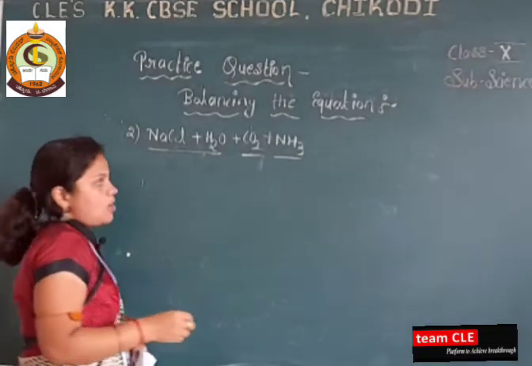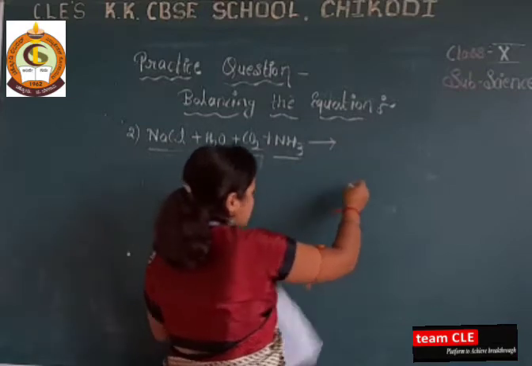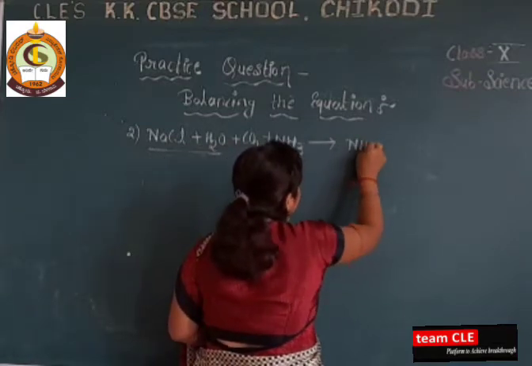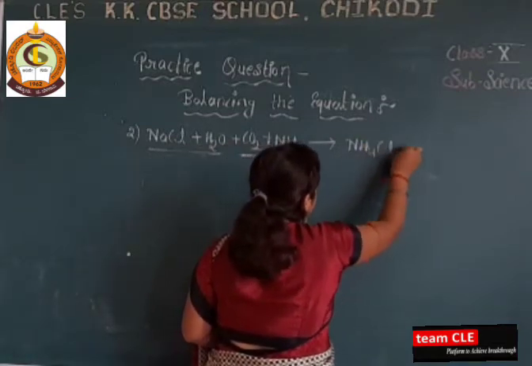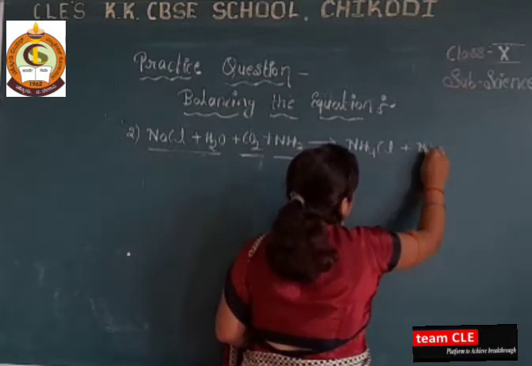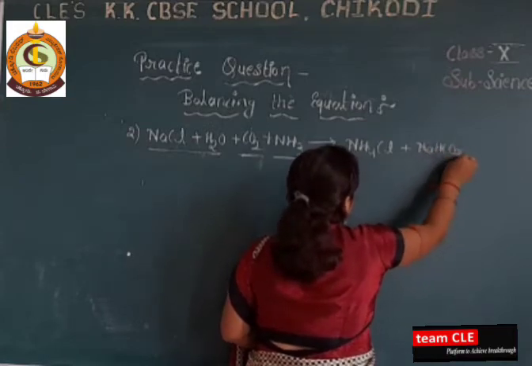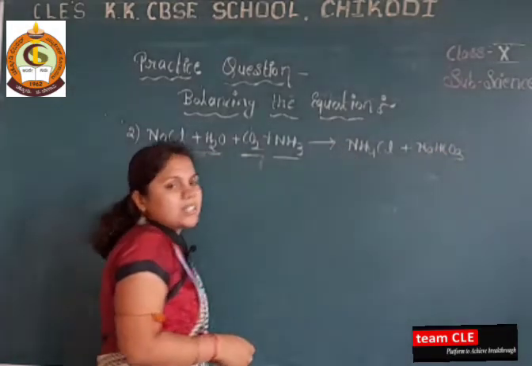This is the ammonia. What does it give us? It gives us ammonium chloride with sodium hydrogen carbonate, NH4Cl plus NaHCO3.